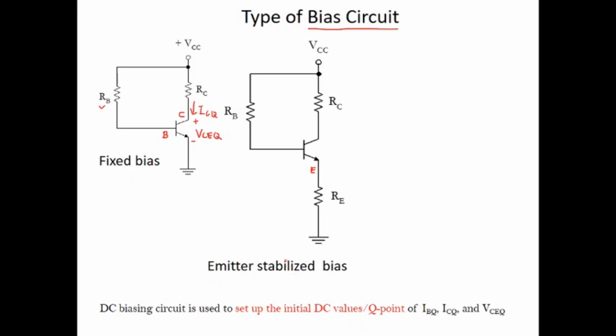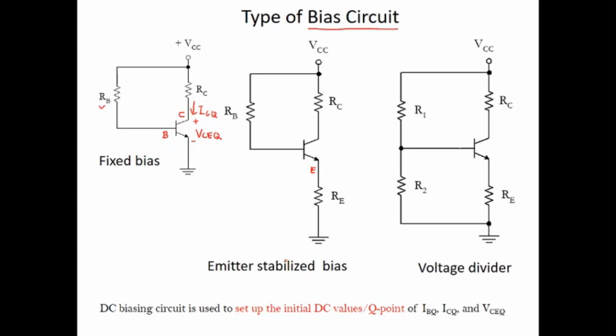The third type of bias circuit that will be covered in this course is called voltage divider bias. If you compare the emitter stabilized bias with the voltage divider bias circuit, the difference is in the resistor network connected to the base.